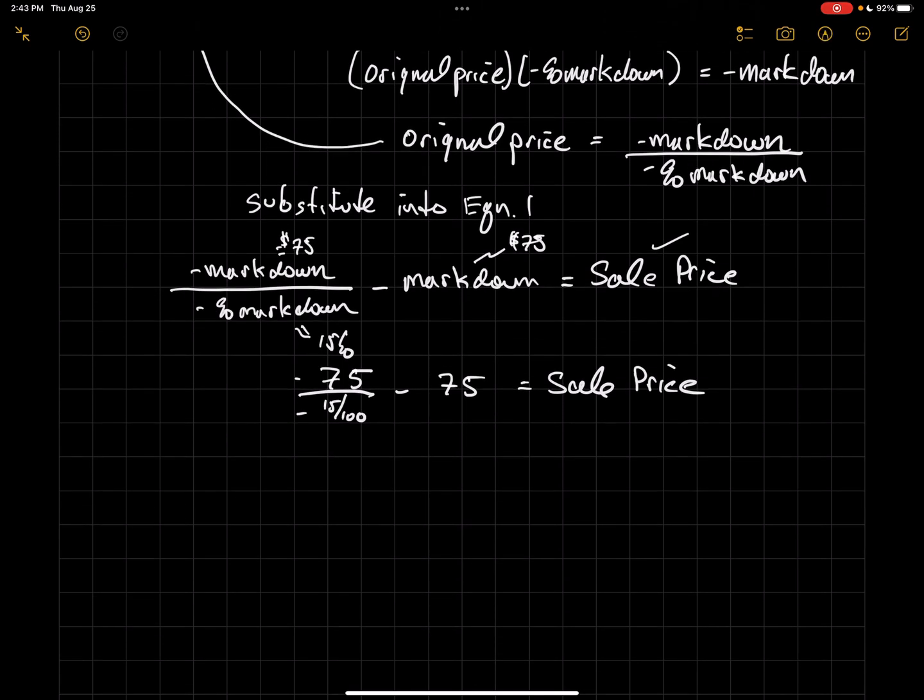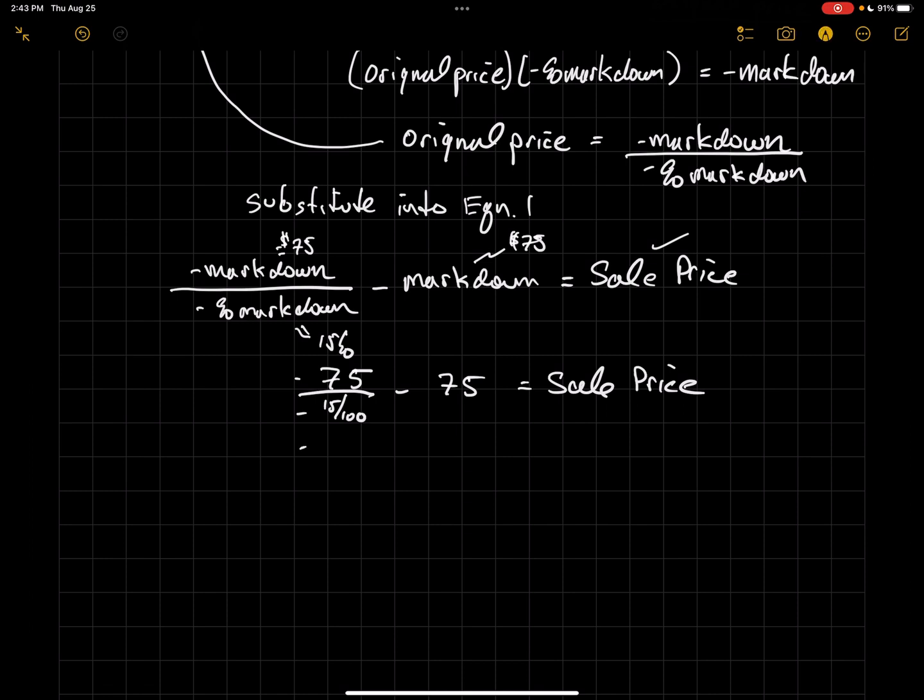So now we have to follow our order of operations, right? And when it comes to division, we always want to start at the bottom and work up. So the first division that we do is 15 divided by 100. That's 0.15. And then we go 75 divided by 0.15.